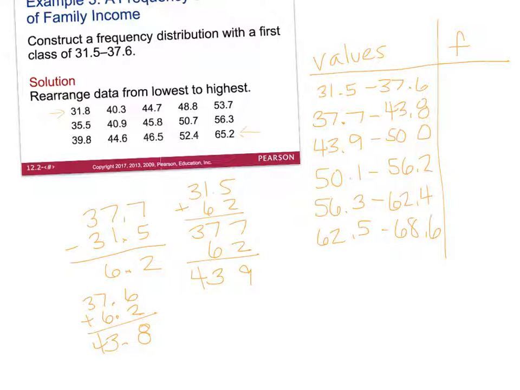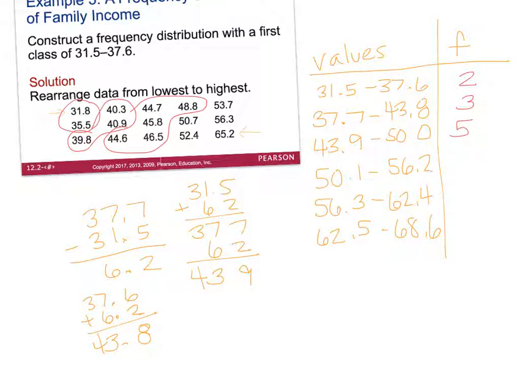Now you want to go over to your data and look. We're looking for all the numbers between 31.5 and 37.6. I see two numbers. Between 37.7 and 43.8, three numbers. Between 43.9 and 50, five numbers.